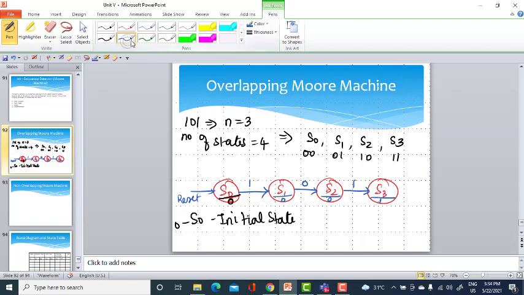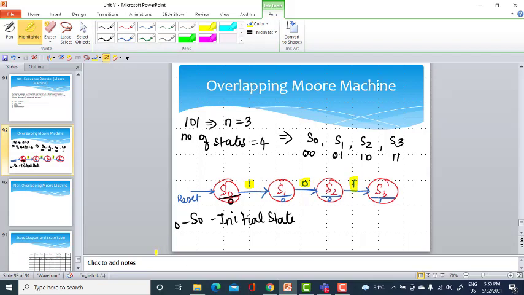So if you receive 1 you move to state S1, but your output is 0. When you receive the next correct bit 0, you move to state S2 and your output is 0. Similarly, when you move to the next state S3 by receiving input 1, your output is also 1, because you have received the correct bit pattern 1, 0 and 1.